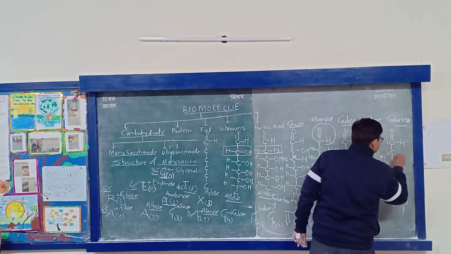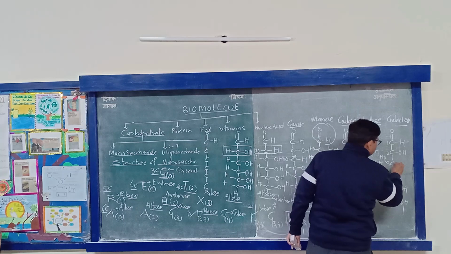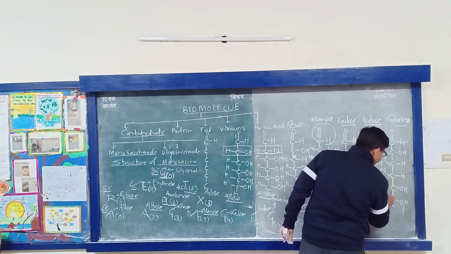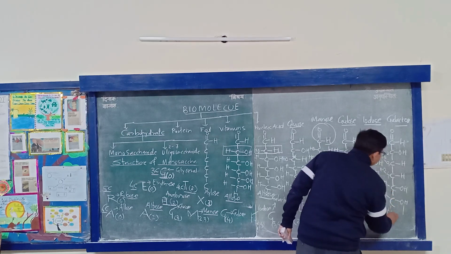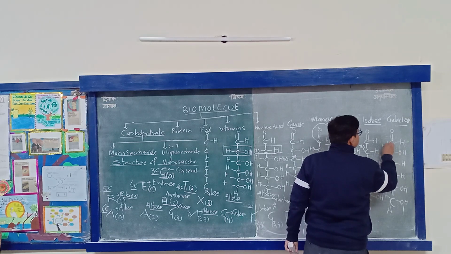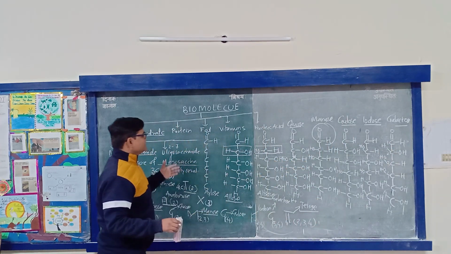So this is the simple chemical structure of galactose. You have to fulfill the valency by putting the hydrogen. So this is the total chemical structure of mostly all the monosaccharides that have 6 carbons.